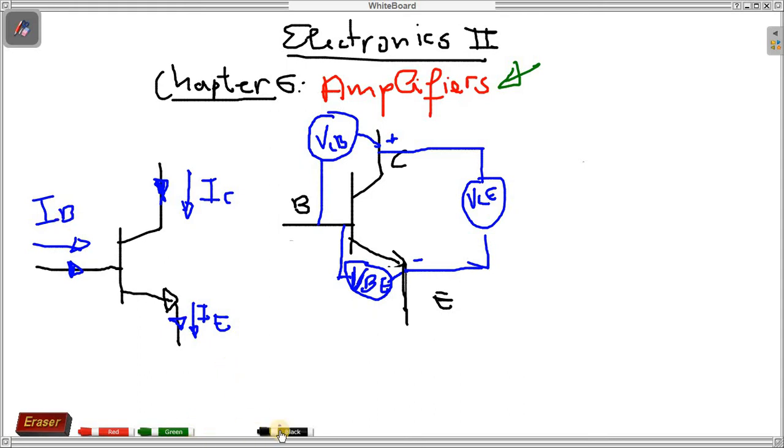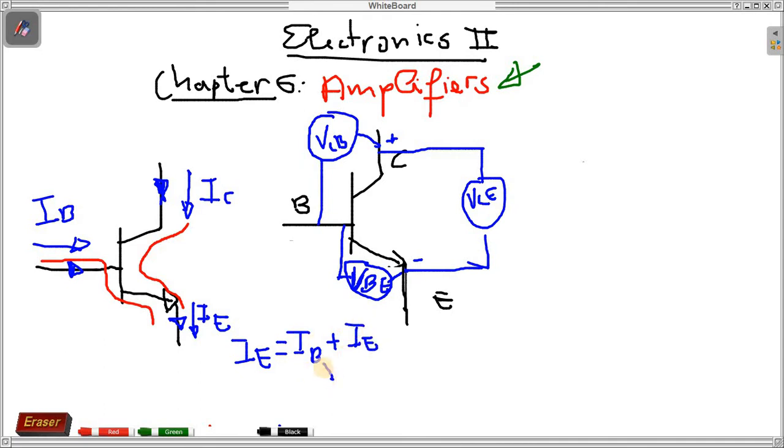One thing that you must know: if you check our transistor, this current will flow down, and this one will also flow here. So we can say IE is the sum of IB plus IC.